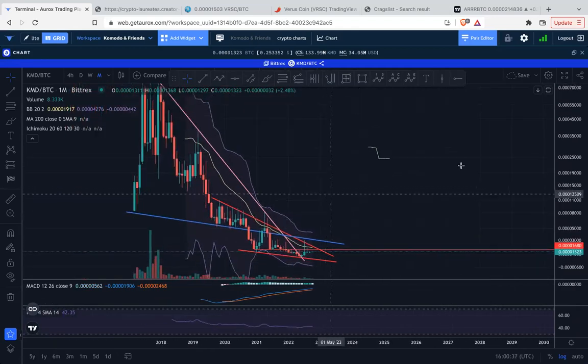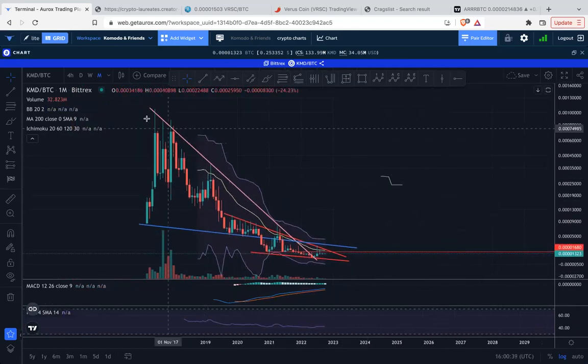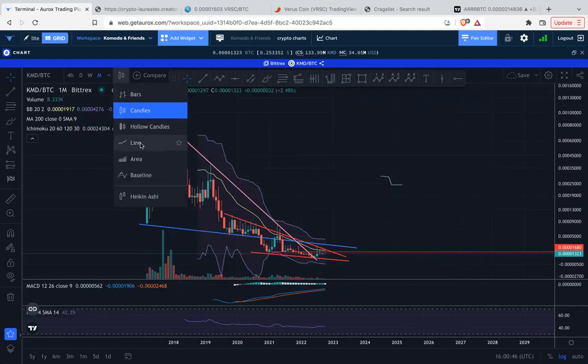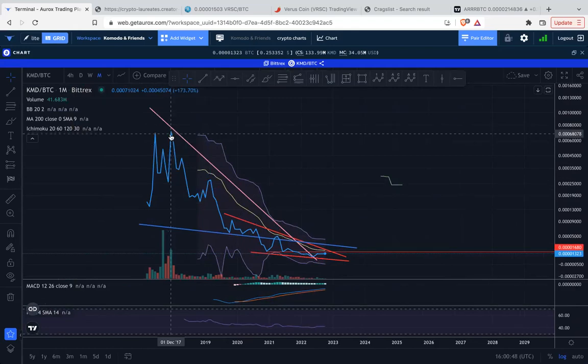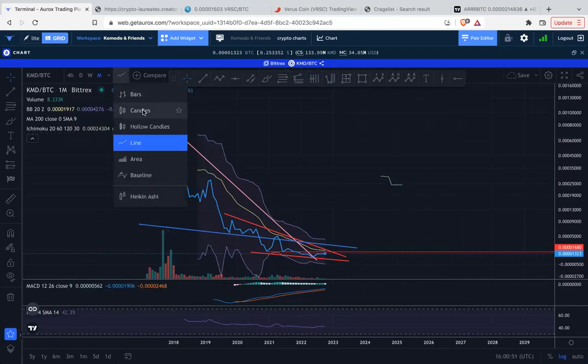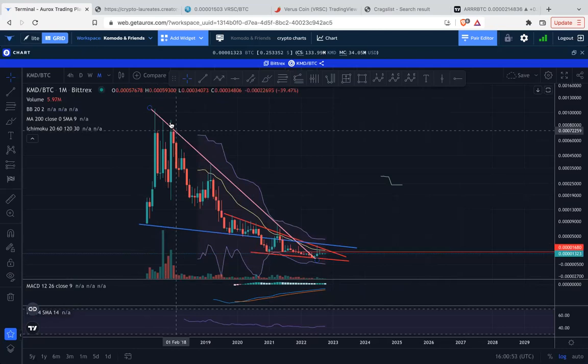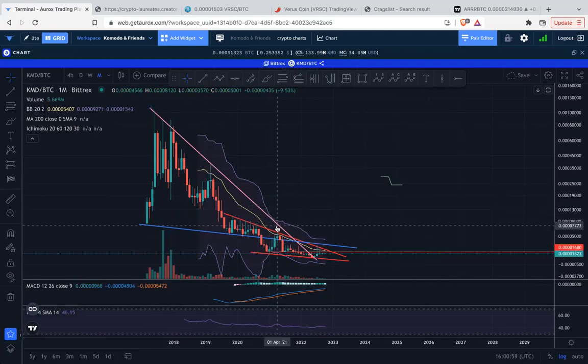Now, apart from that, on a monthly, we've broken, if we're looking at the closing of the previous highs, and also really cutting through their wicks and touching the next two significant wicks, even this price action now would be said to have broken out from this downtrend, this pink downtrend.